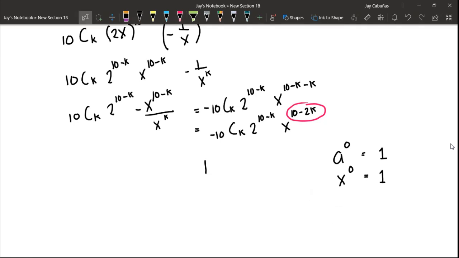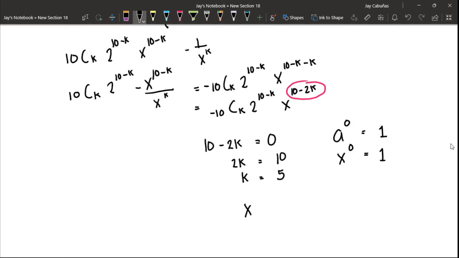So we have to equate 10 minus 2k equals 0. Okay, so we simplify it further. We have 2k is equal to 10, then k is equal to 5, right? So therefore, we can say that k should be equal to 5 so that our x here, we have 10 minus 2 times 5, this would give us x to the 0, so that will give us a value of 1.